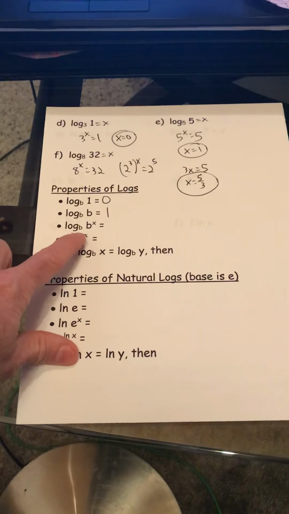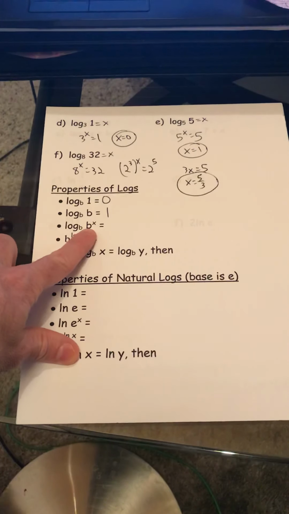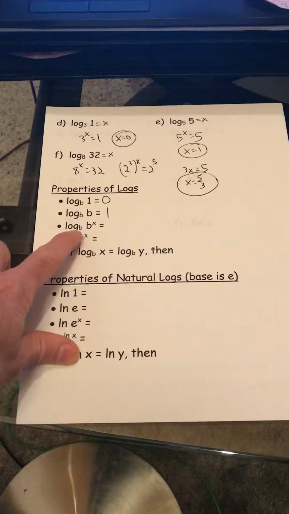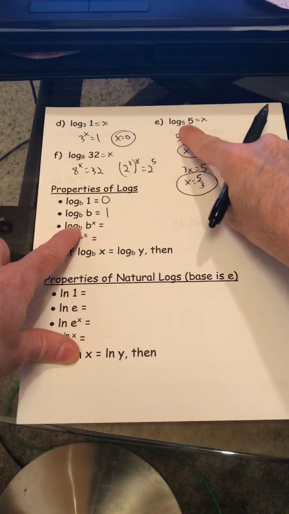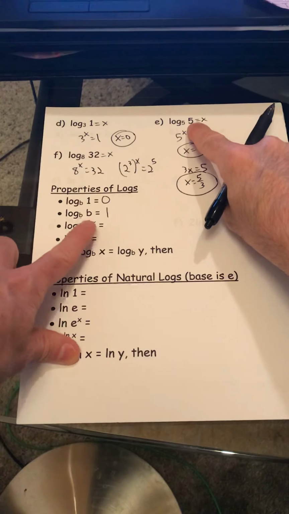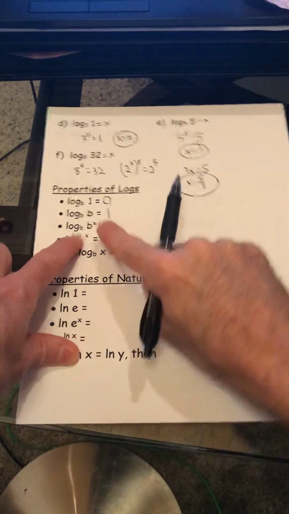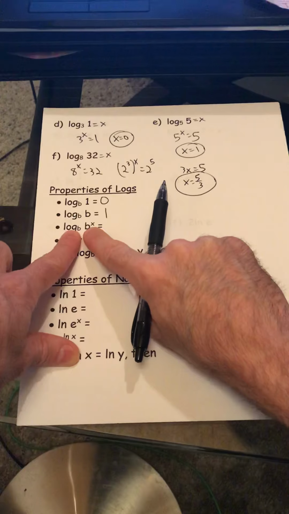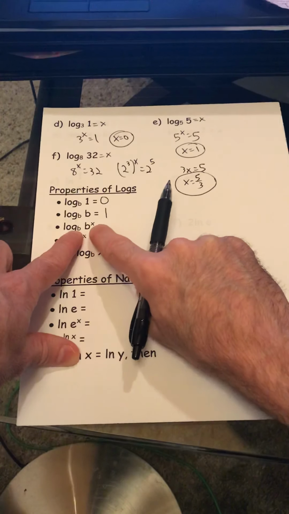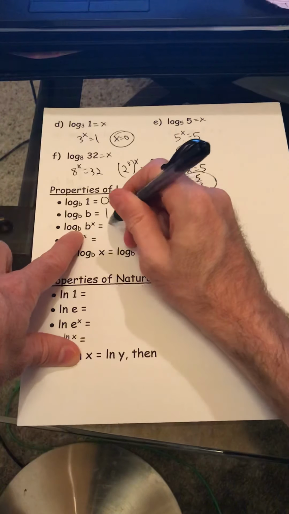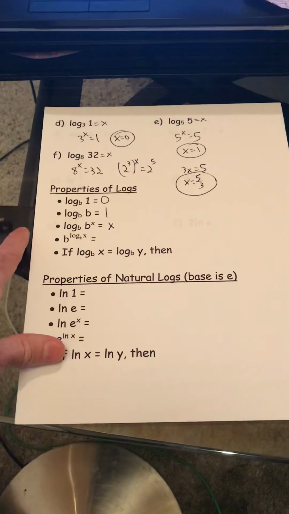Now, if you have a logarithm base and this value in there to a power, well, it's kind of like what we just had here, log base 5 of 5. If you have this power, whatever power, as long as the base and this value are the same, whatever the exponent is will be your answer. So that one is just x.